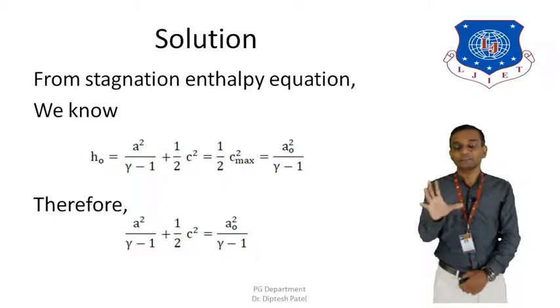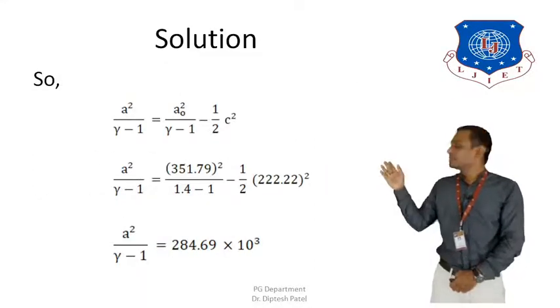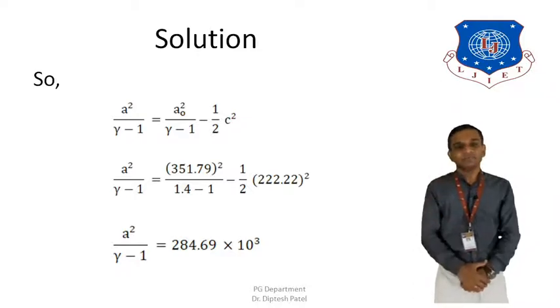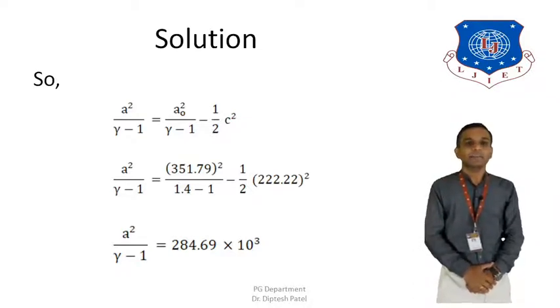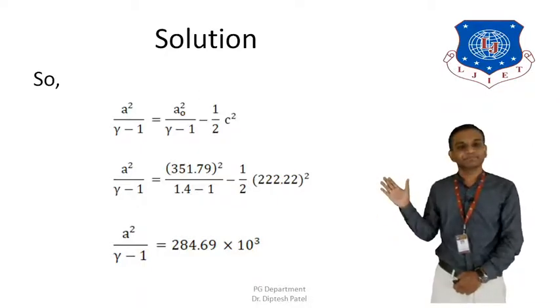So I should be able to write down a square upon gamma minus 1 plus 1 divided by 2 C square, which is equal to a naught square divided by gamma minus 1. Therefore, a square upon gamma minus 1 is equal to a naught square divided by gamma minus 1 minus 1 divided by 2 C square.